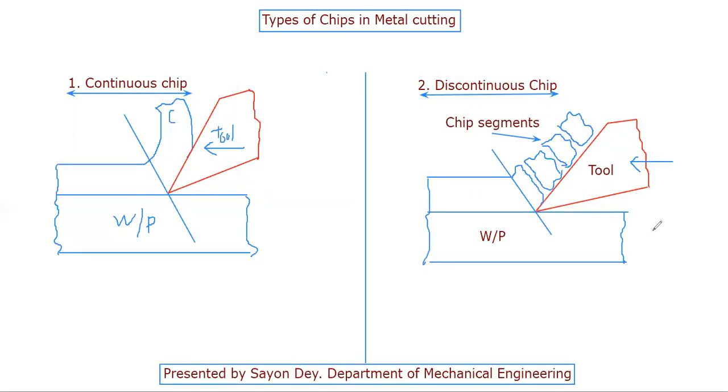Then I'm telling again what are the differences to generate the continuous and discontinuous chips. In case of continuous chips, we require mainly ductile material, then high speed, low feed and depth of cut.